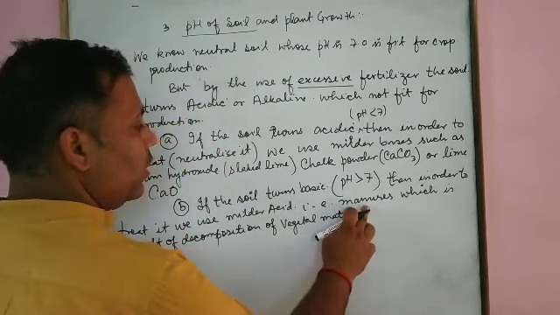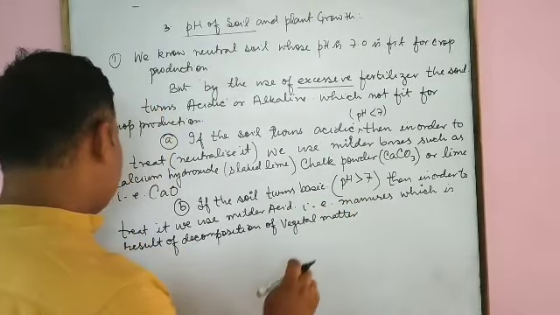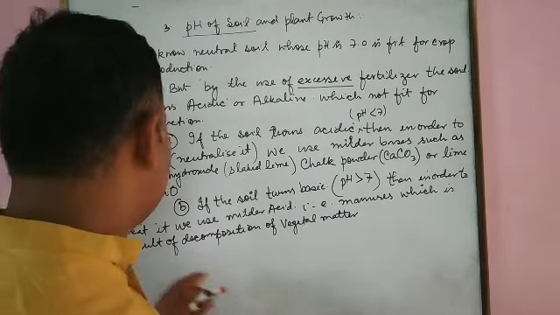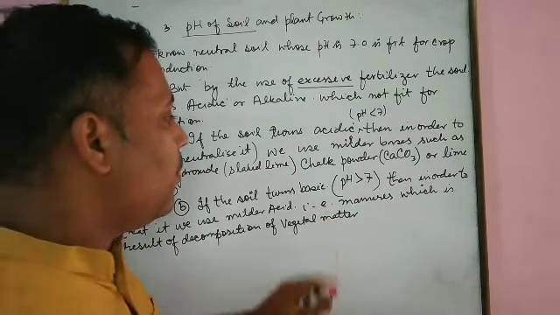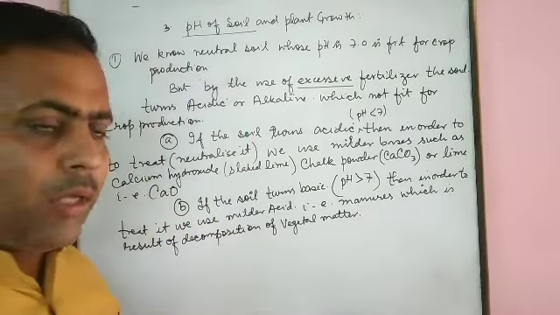By the use of manures, we can decrease the pH because the nature of manure is acidic. Milder acid, that is manures, which is the result of decomposition of vegetal matter, and we can maintain the pH.